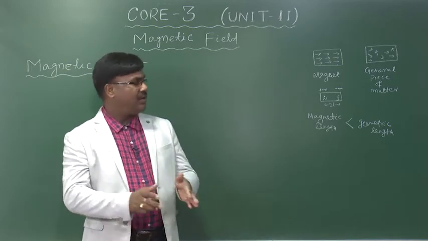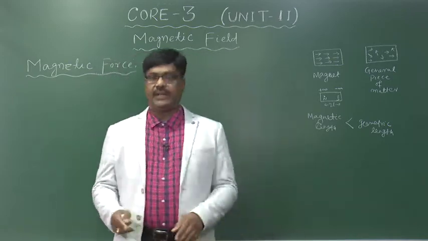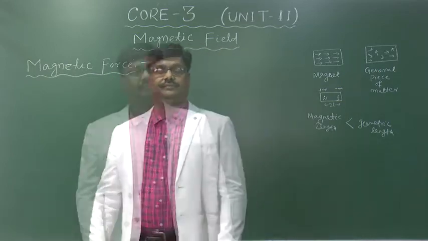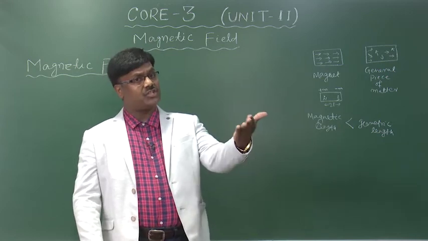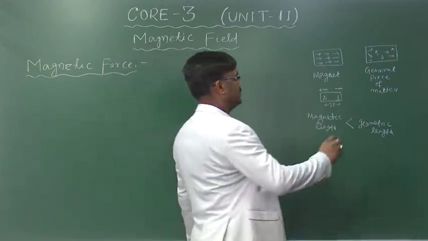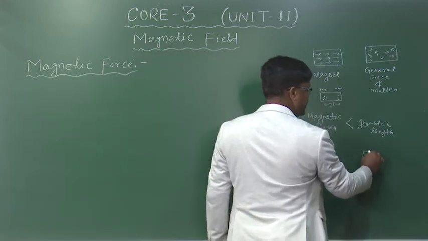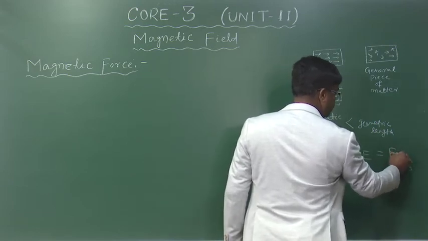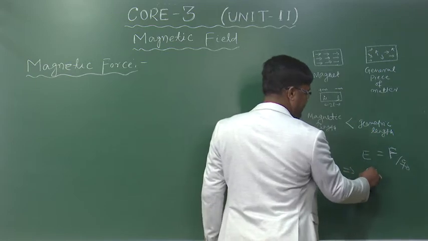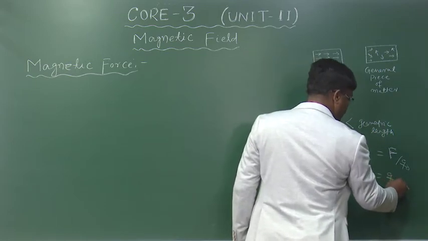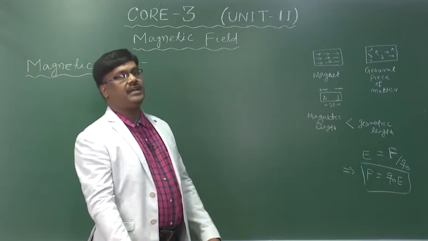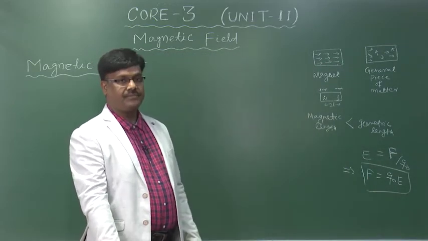But here what is our intention? Our intention is to calculate the magnetic force. In our electrostatics, we know the electric field strength E is equal to F by Q0, which implies F is equal to Q0 into E, where Q0 represents the test charge.